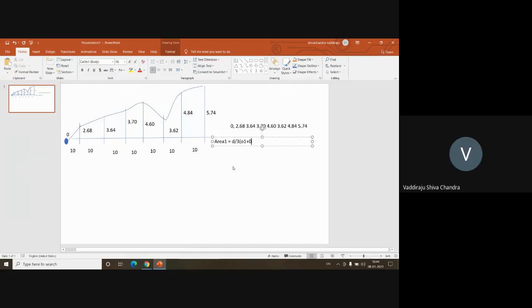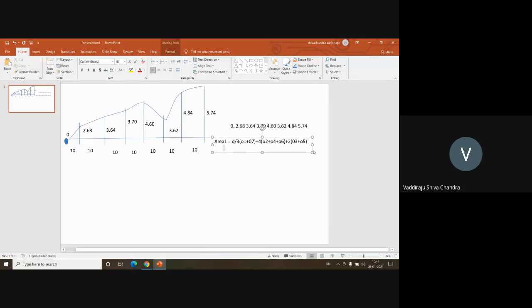Here we take up to O7: 4 times of O2 plus O4 plus O6, plus 2 times of the odd ordinates, O3 plus O5. So this is the equation up to the 7th ordinate.